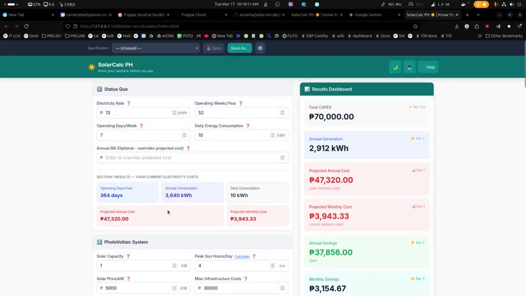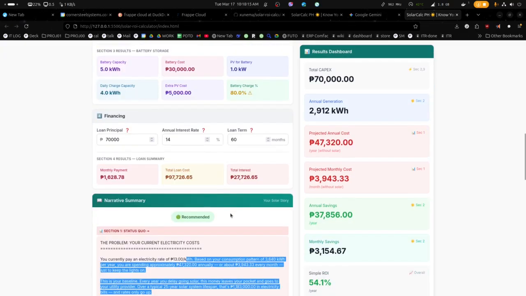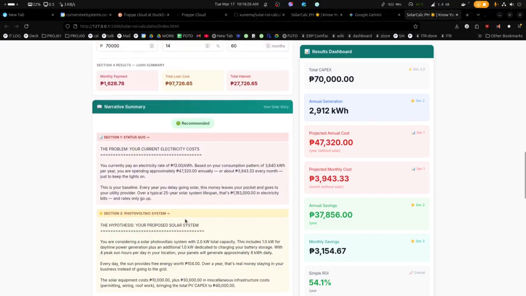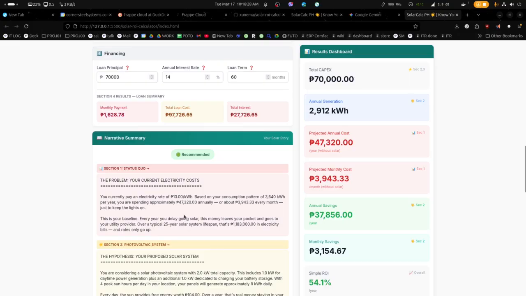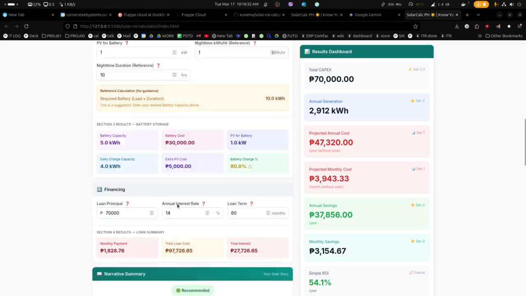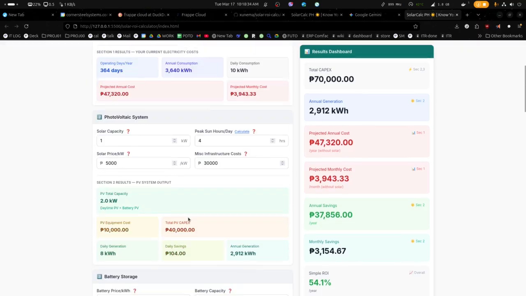So this should help you calculate the return on investment of your solar. This is the simplest way. The reason why I designed this is that a lot of people see a lot of mystery in how the return on investment works, and I kind of simplified it.